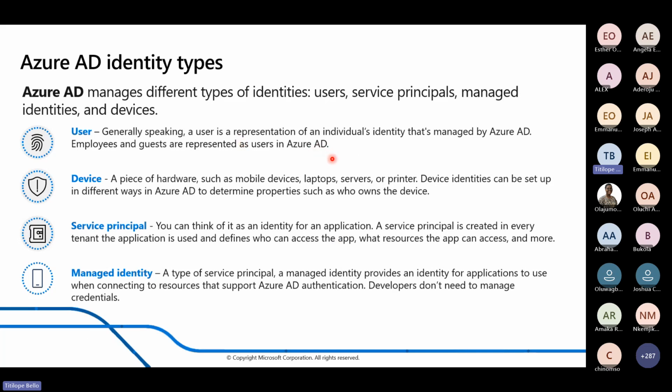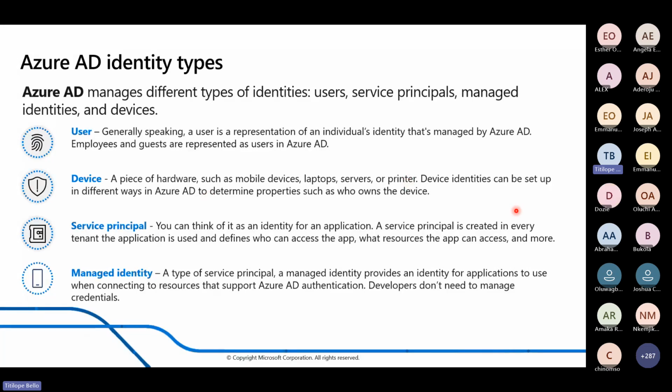Now, another type of identity you have is what we call device identity. Your device identity could be a piece of hardware like your laptop, your mobile phone or mobile devices, or it can be a server, even a printer.